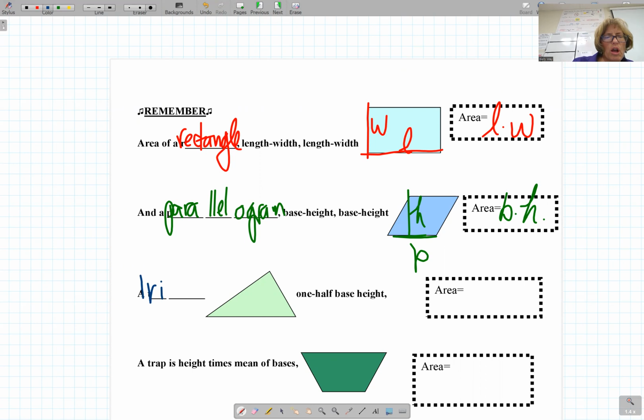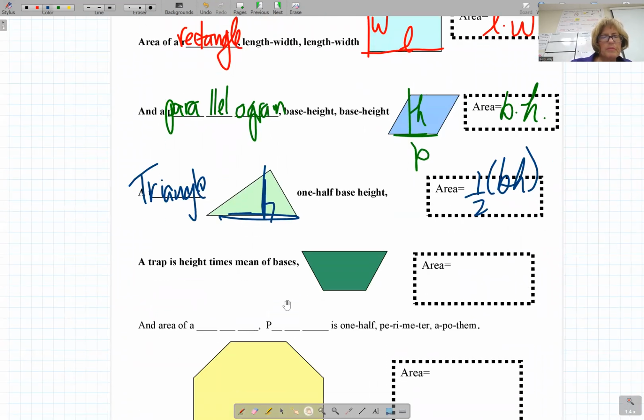A triangle, 1/2 base times height. A trap is height times mean. Mean is a short way of saying average, mean of bases.